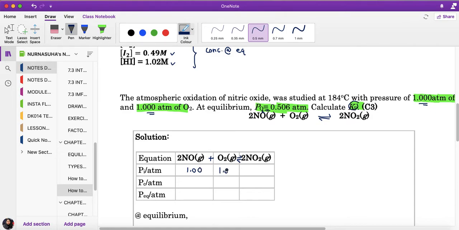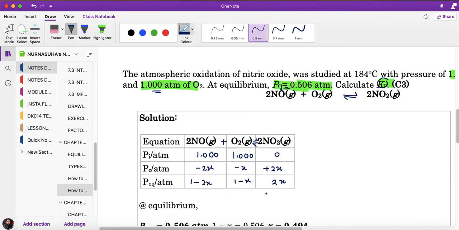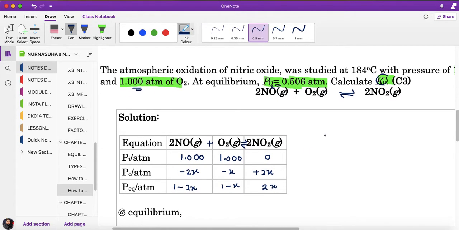Oksigen pun sama, 1 atm. NO2 is not formed yet. However, as reaction proceed, concentration of NO will decrease by factor of 2x. Oksigen pun sama. Tapi concentration of product will increase by factor of 2x. So next step at equilibrium, you tambahlah 1 minus 2x, this one 1 minus x, and this one 2x.